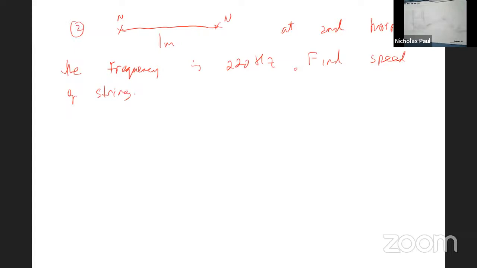Right, message your answers. Take your time, of course, to find the formula for speed of a wave, so you'll figure out what you need to get. Remember, it's second harmonic and both ends fixed.